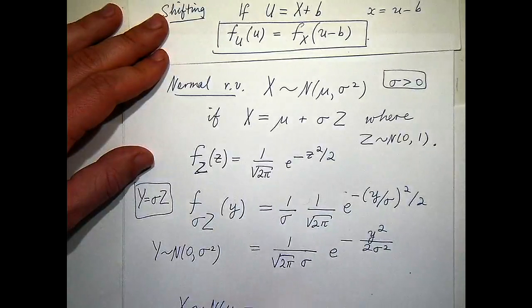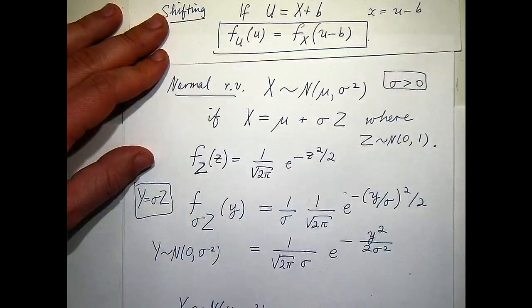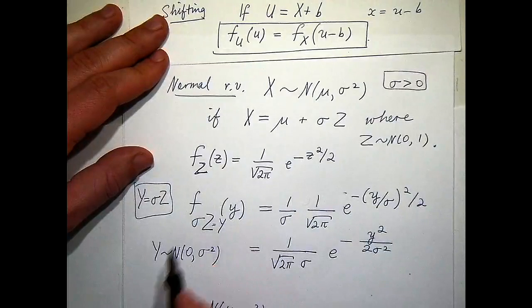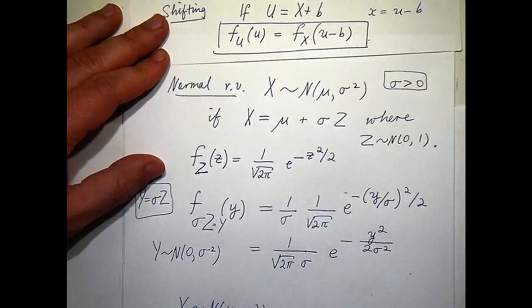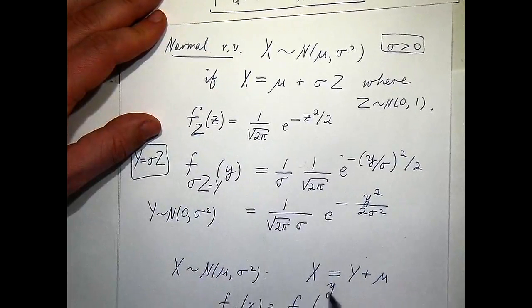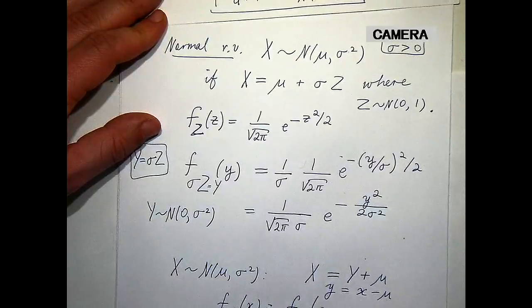So let's have x now be normal mu sigma squared. The density f_X of x is equal to the density of y. I don't know why I wrote sigma z there; I could have also written density f subscript y. I have to evaluate it at the right y value corresponding to x. So if x is y plus mu, just to give it the right mean, then the y value is equal to x minus mu.